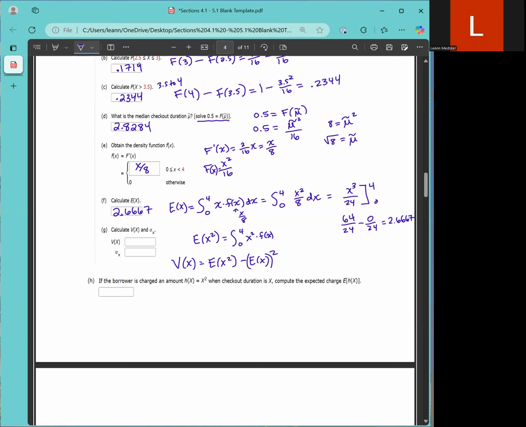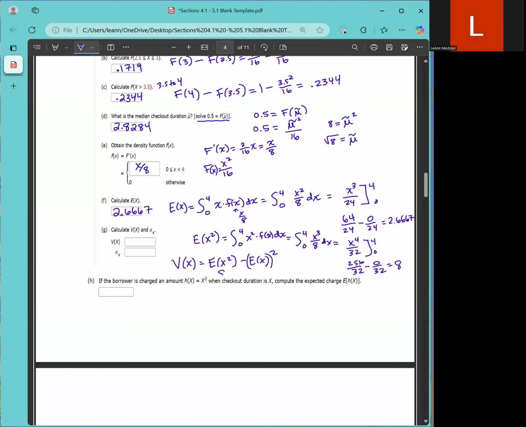So essentially you're adding one more to the power when you do this antiderivative process. So that would be x cubed over 8 dx. So that's going to be x to the fourth over 32 from 0 to 4. And that's going to be 256 over 32 minus 0 over 32. And I got that that came out to exactly 8 because 256 divided by 32 is 8, and that's just 0.